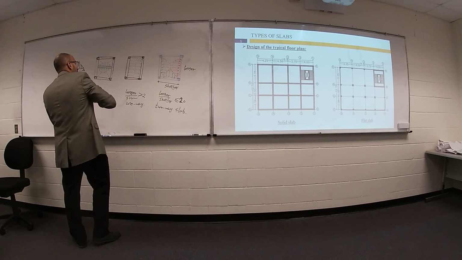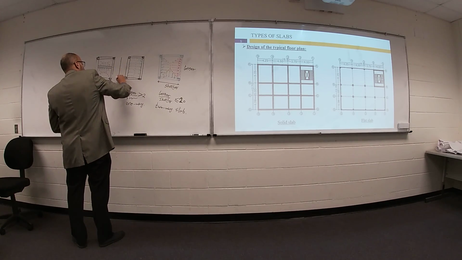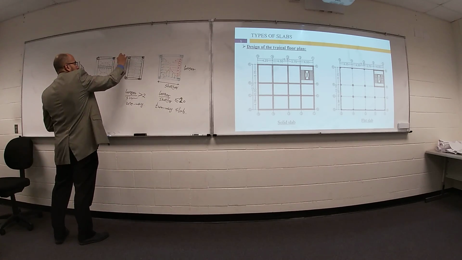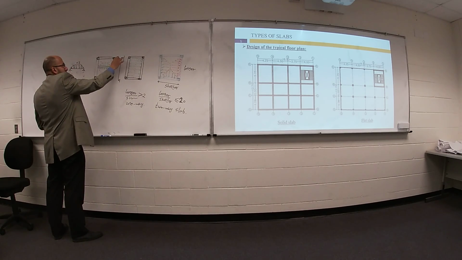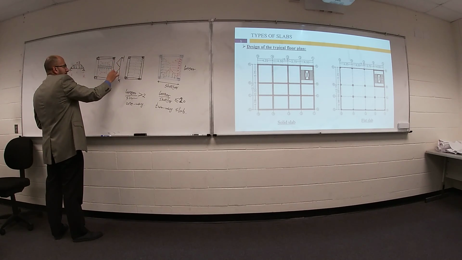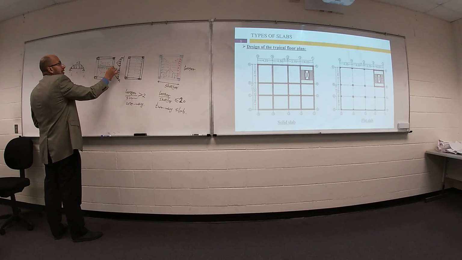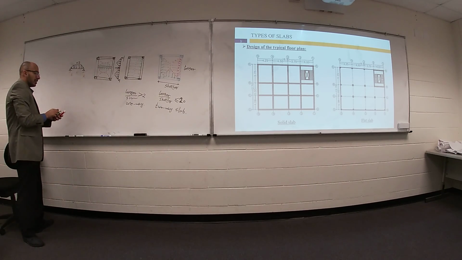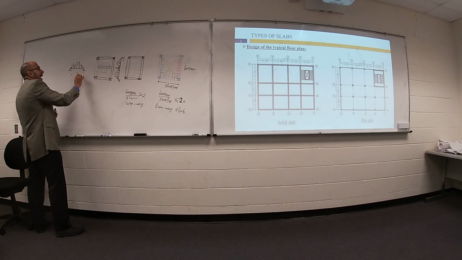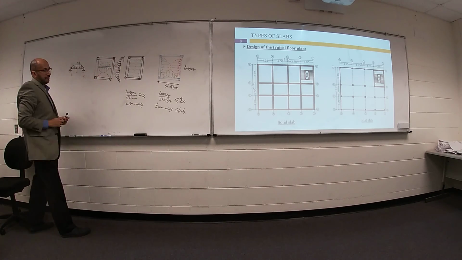This beam is supported here on a column and here on a column. We have a triangle, we have another triangle, that's right? And at this location, we have a concentrated load. This concentrated load equals this reaction R1.